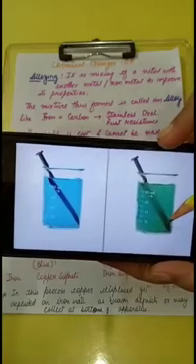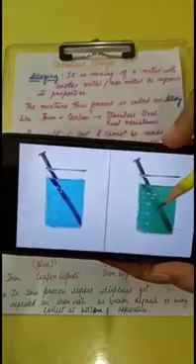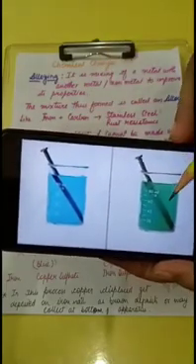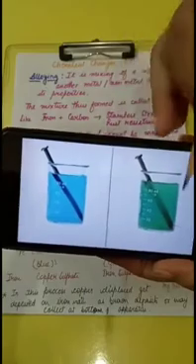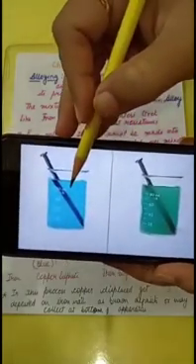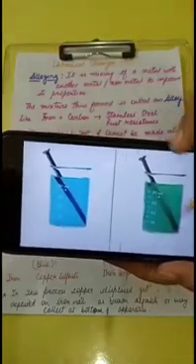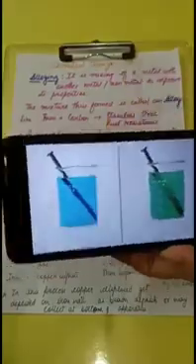This is due to the precipitation of copper. The copper from the solution is removed and iron takes its place. Thus the reaction is a displacement reaction, the color changes from blue to green, and the copper deposits over the iron nail.